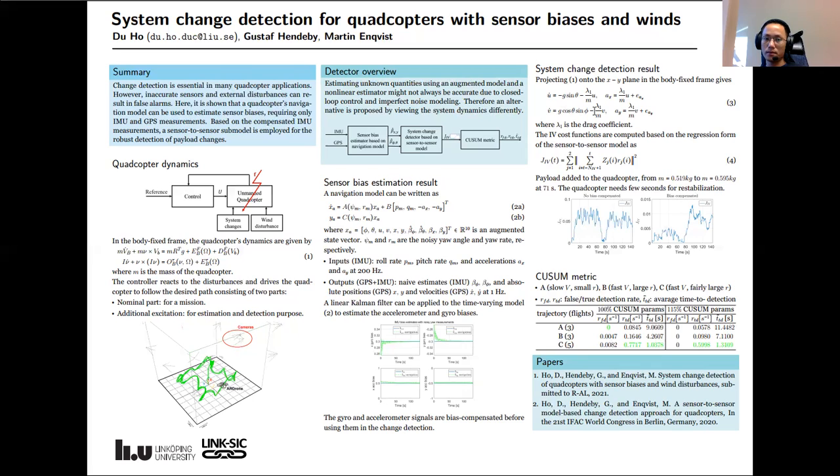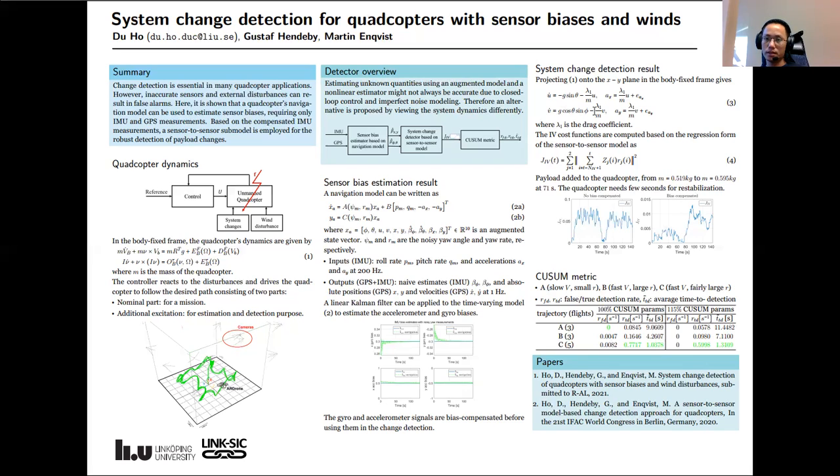You can see from the navigation model that we have the yaw rate as a parameter, and in the sensor-to-sensor model, we don't consider the yaw rate, so the yaw rate is considered as process noise in the sensor-to-sensor model. Similarly, we have flights B and C, and you can see in the next table that flight C gives the best results because we have enough excitation and a small enough yaw rate.